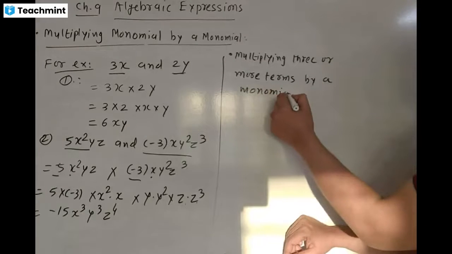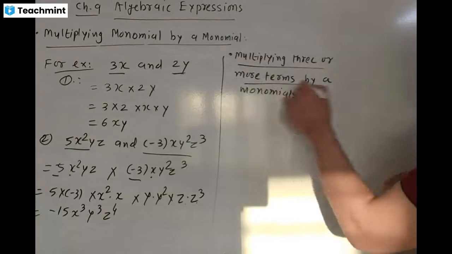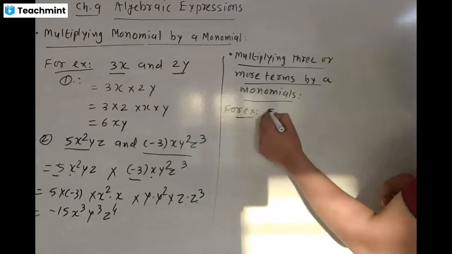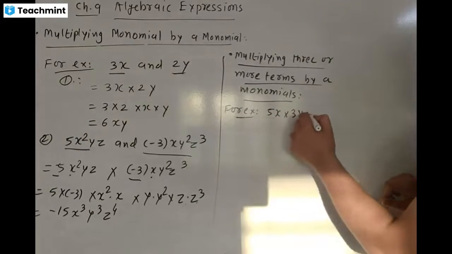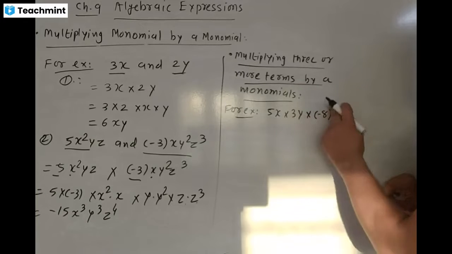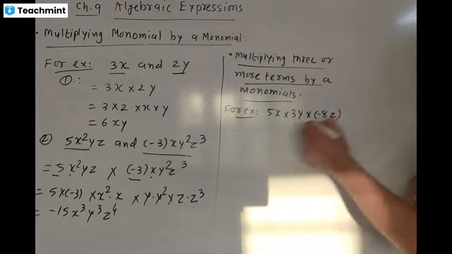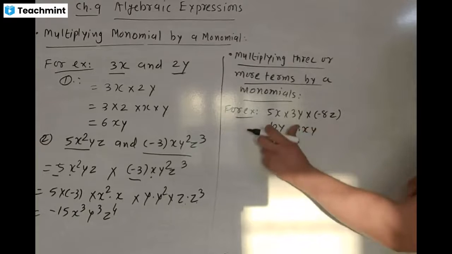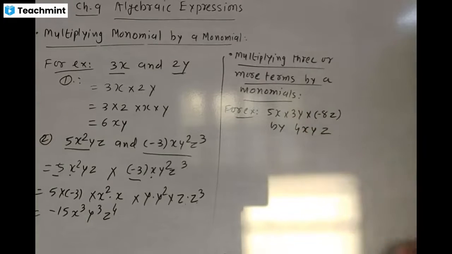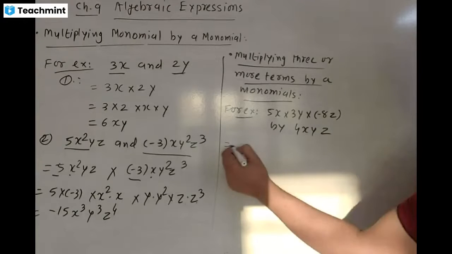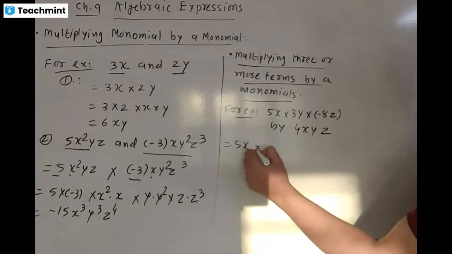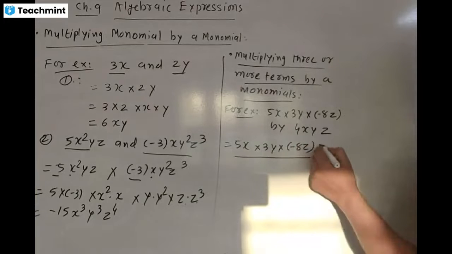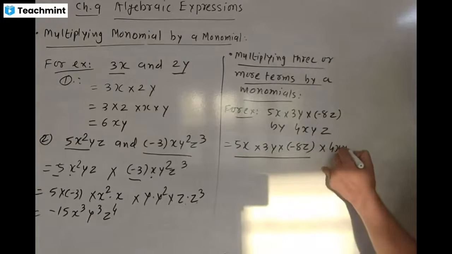For example, 5x multiply 3y multiply minus 8z by 3xy by 4xyz. So here we multiply 5x multiply 3y multiply minus 8z whole multiply with 4xyz.